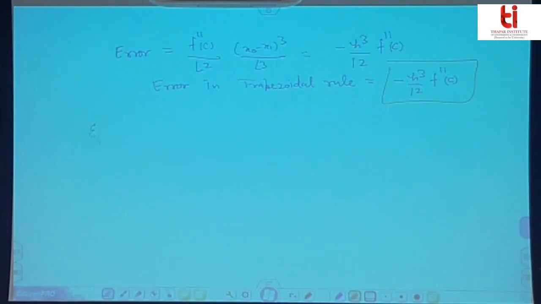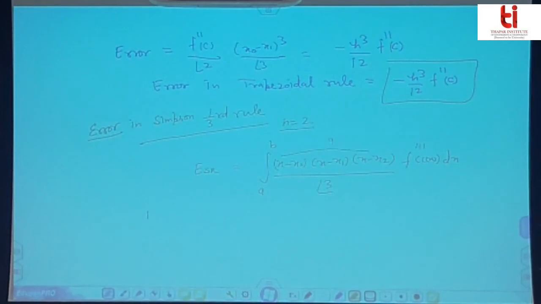Now the error in Simpson 1/3 rule. For n equal to 2, we have the integral from a to b of (x minus x0)(x minus x1)(x minus x2) over 3 factorial f triple dash c(x) dx. Now we have to check.